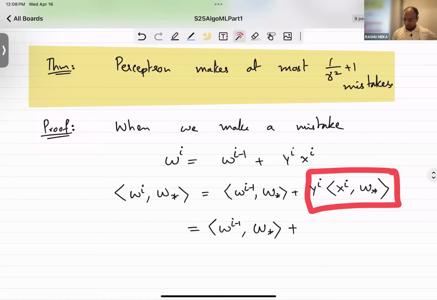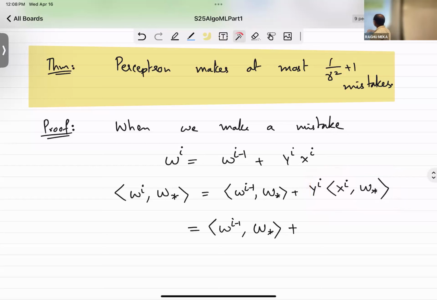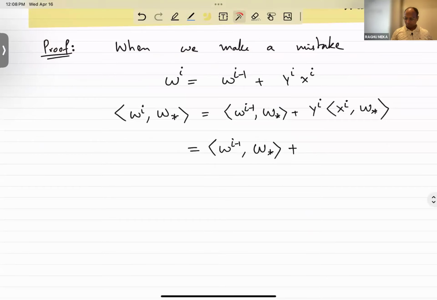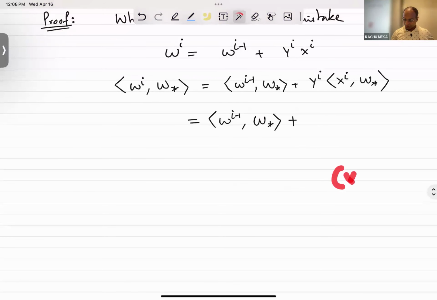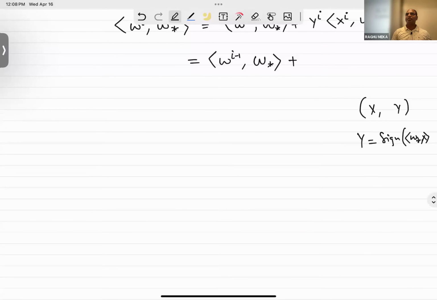So what do you think this quantity is? y_i times the inner product between the example and W star. Can it be positive, negative? What do you think? Well, remember, the way the data is being generated was you had x, y, and our belief was that y is actually this sign, right?